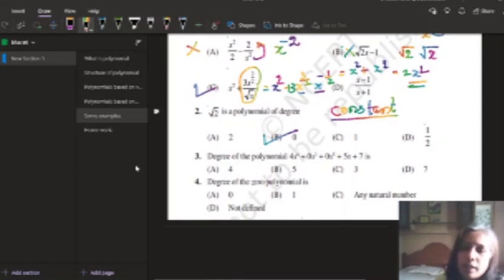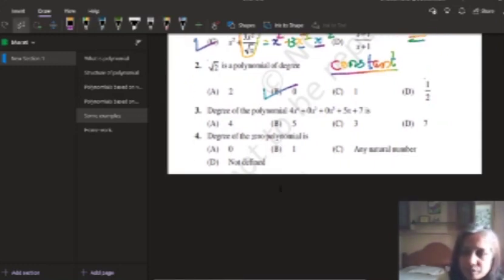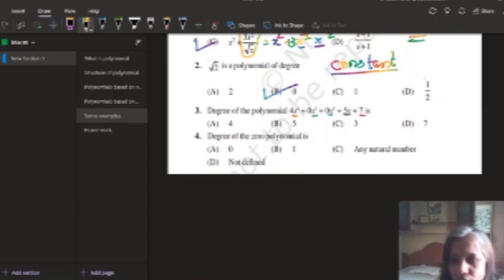Now, degree of polynomial. Here they have given one polynomial, you have to find out the degree. To find out the degree, you just verify the powers of all the variables, which is the highest power. Here power of x is 4, 3, and here we have 5. But if you see the number next to x to the power of 5 is 0.